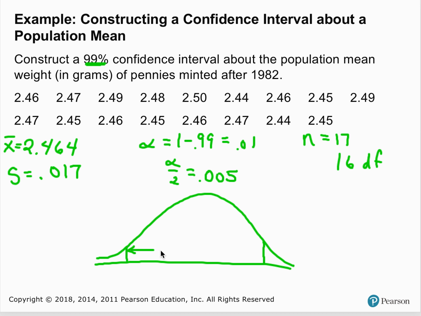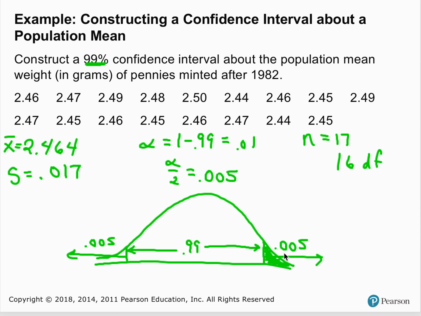So we want this to be 0.99, right? Which means this over here is 0.005, and this over here is 0.005, so that the entire thing equals 100%. Okay, so this is what the table's going to give me. This is what I'm looking for.